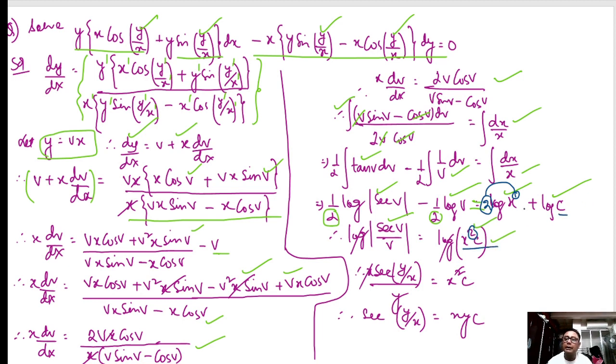So log a plus log b is log a into b, cutting log on both sides. And now in place of v, I will put y by x. So y by x, and one x cuts, it comes out to be this. So this is the solution of this equation.